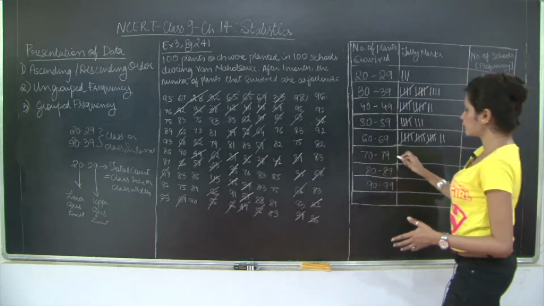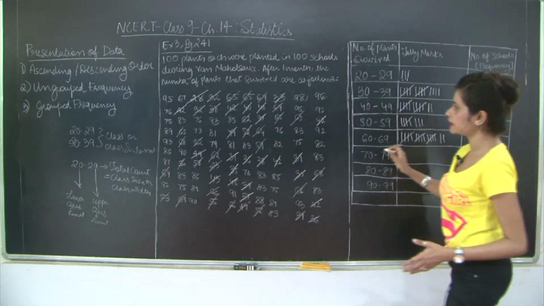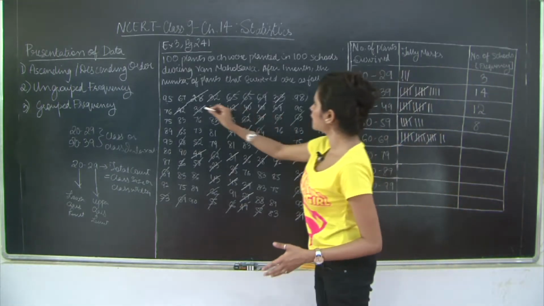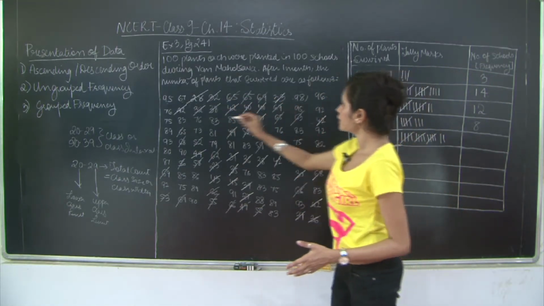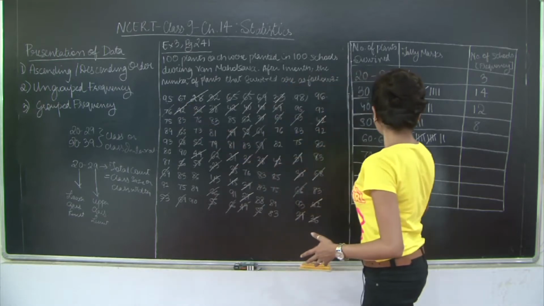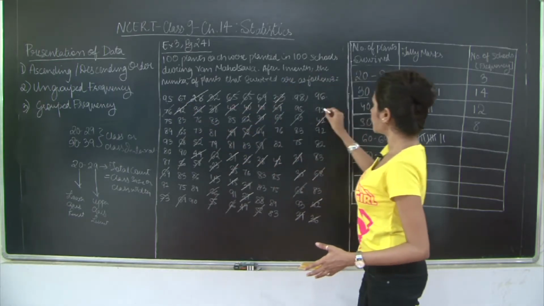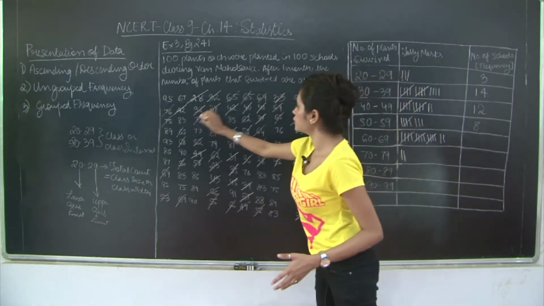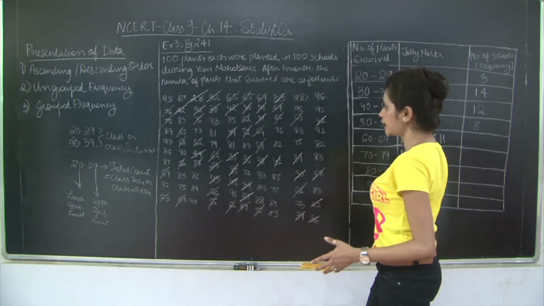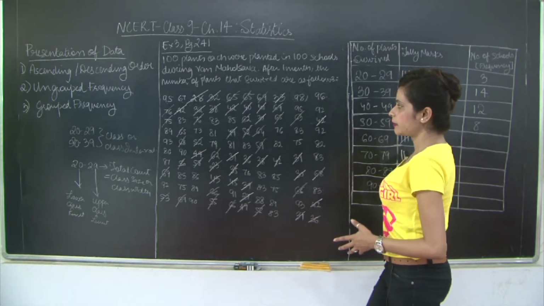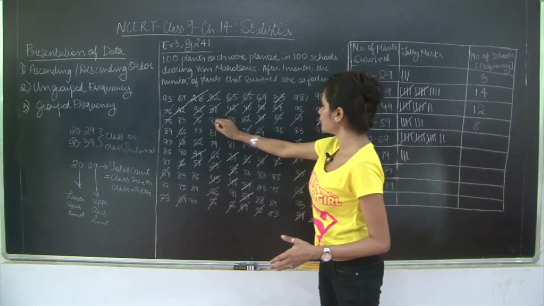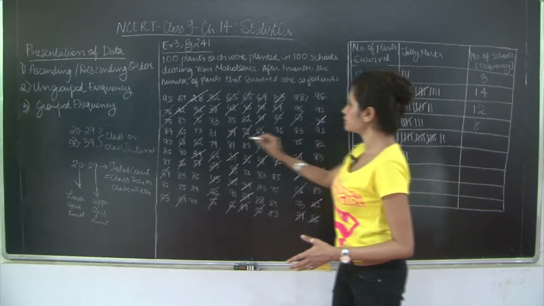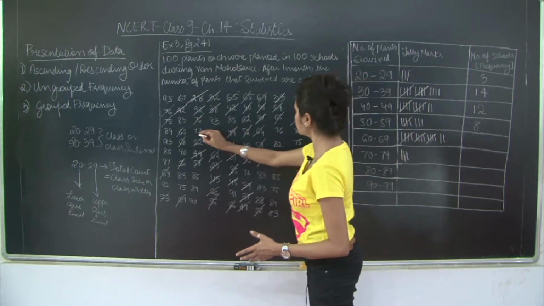Let's move on with the other group, that is 70 to 79. So let's check 70 to 79. You have 76. Then you have none here, then 1 entry here, then 1 entry here. So as and when you mark strikes, you have to put a respective tally mark in the group. If you miss out on any, then it's going to be very difficult. You will have to rewrite everything and redo, which will be very time consuming.